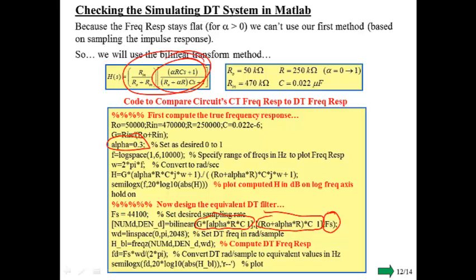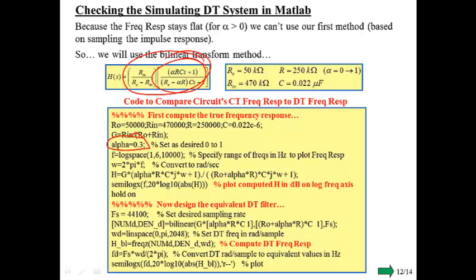And now I'm going to use linspace and generate points between 0 and pi, and then use freqz to compute the equivalent bilinear design frequency response. And then I'm going to plot it against the equivalent continuous time frequencies.